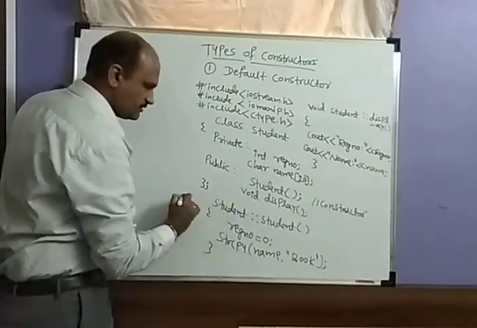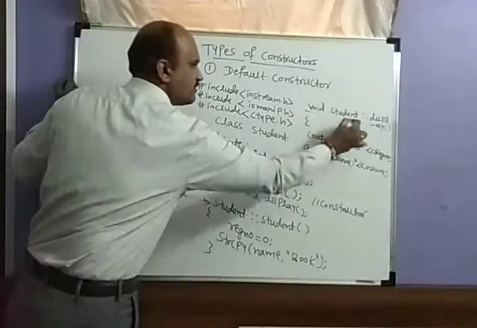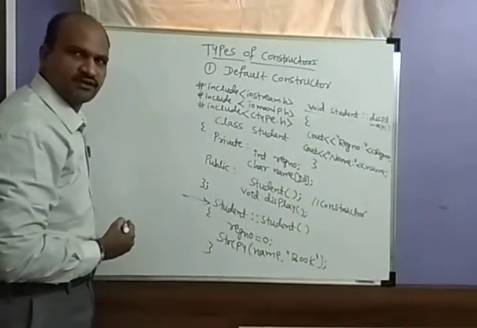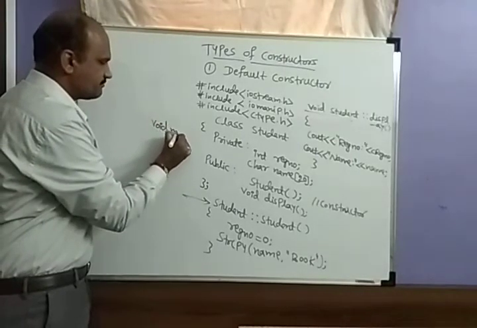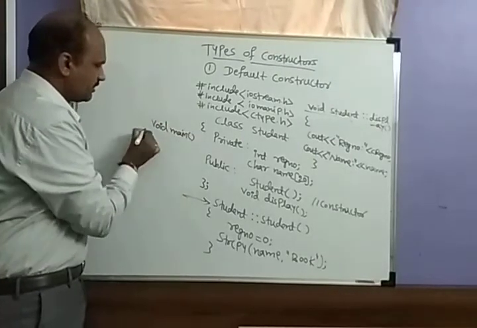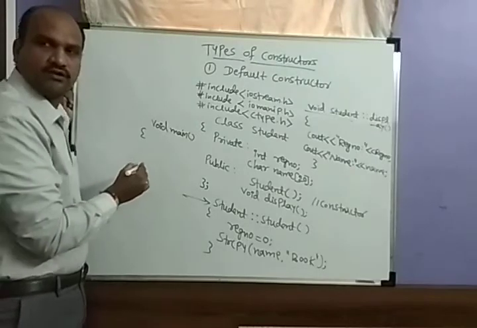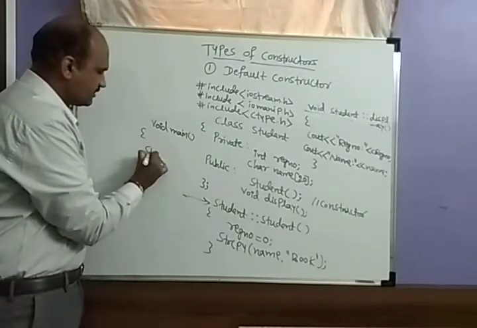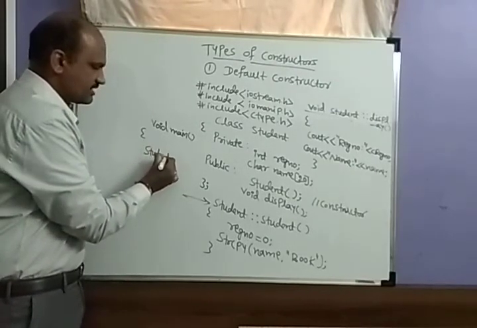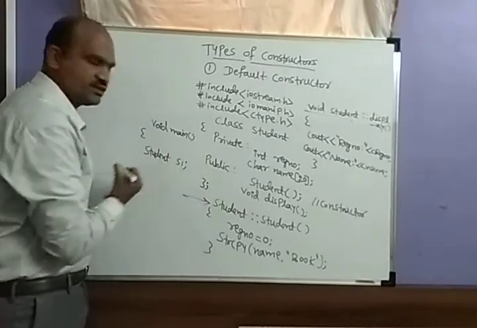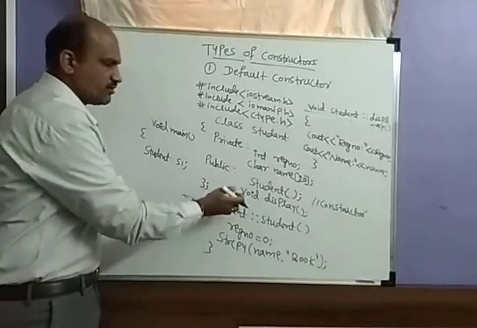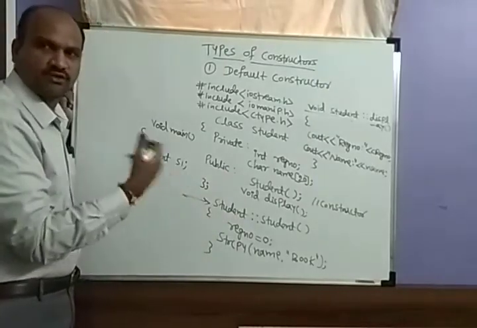Okay, this is the constructor, this is the function, the display function. Now the main function, that is void main. In the main function we write the class name and create the object. We will create the object s1. Here we are not calling the constructor, it will be called automatically.